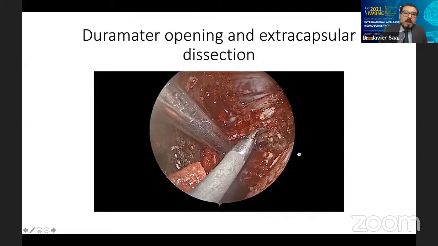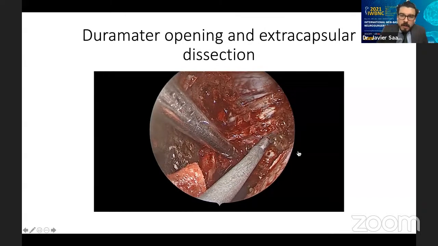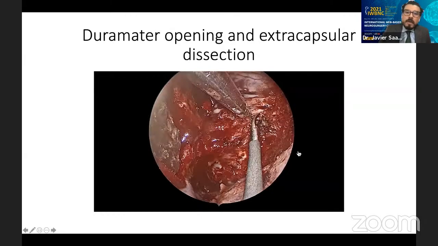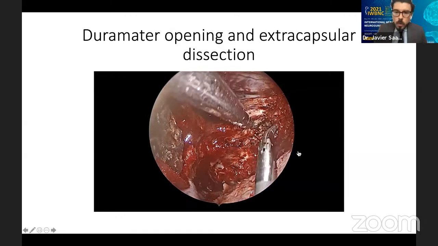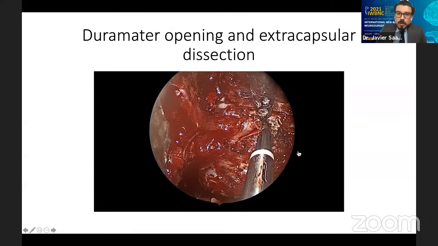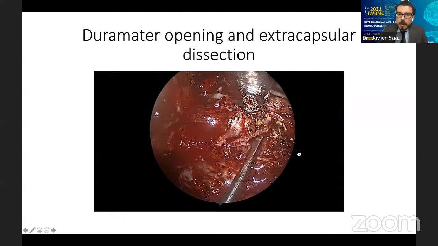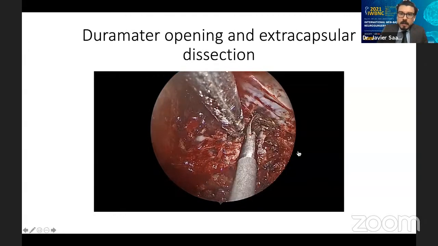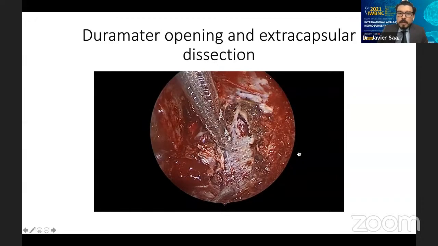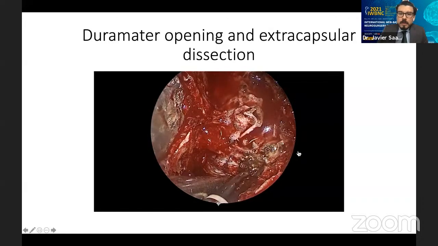And then we start opening the dura mater. Again, the same way you do it with an endonasal approach. You want to keep extracapsular. Here we are dissecting the dura from the tumor capsule.